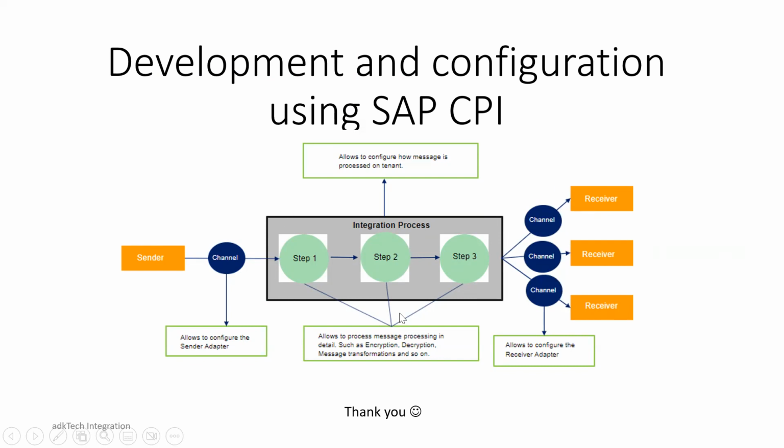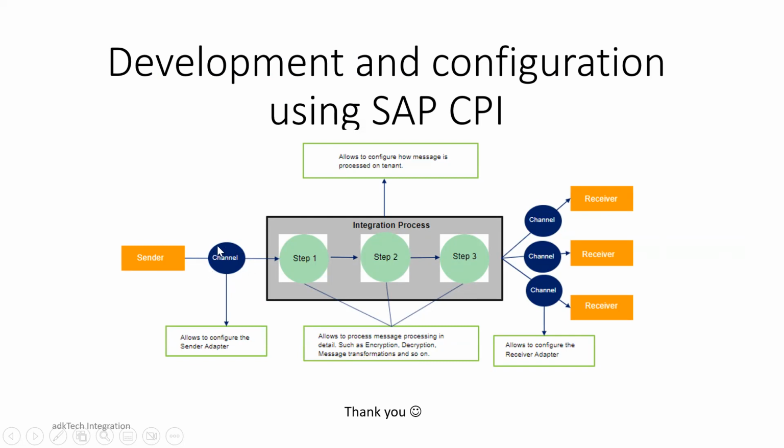Within that, there is an integration process in our integration flow. This is basically used to configure how the message is processed on the tenant. Between the sender and the receiver, multiple steps can be incorporated that allow message processing in detail, such as encryption, decryption, message transformation, and so on.